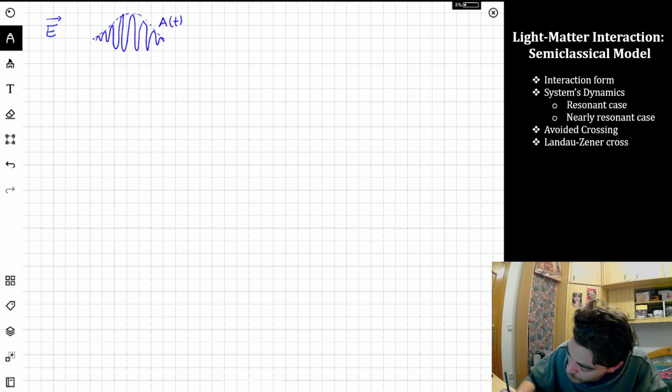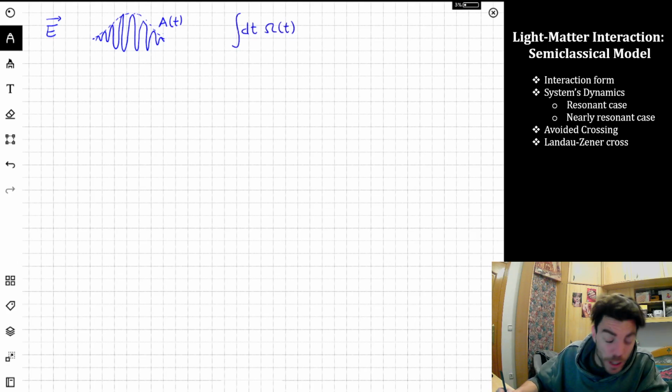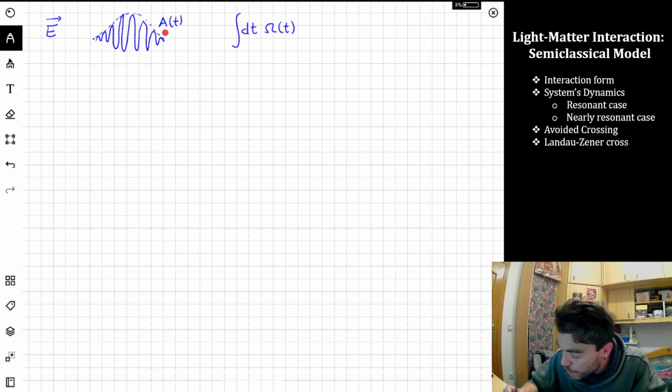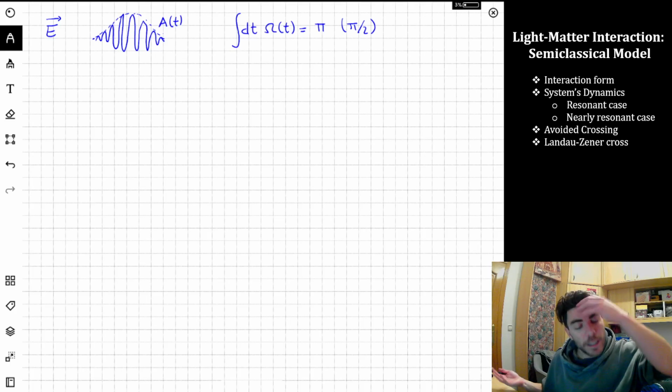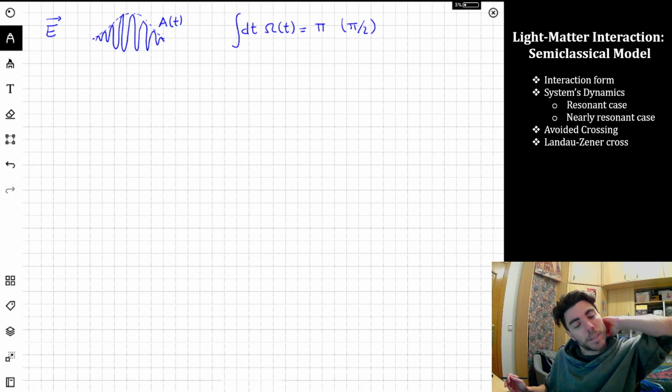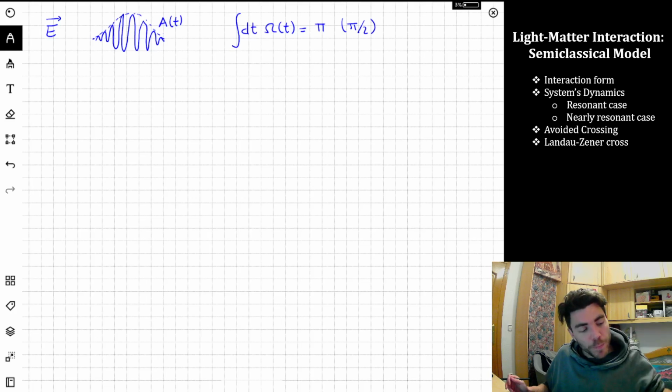And now the condition, this is a bit more technical, is just that the integral of Ω dt, because now Ω, the interaction strength, depends on time because the amplitude of the field depends on time, is equal to π, or equal to π/2. If this envelope is known, so this can be calculated, then one has a π pulse and a π/2 pulse, and it works exactly the same way.